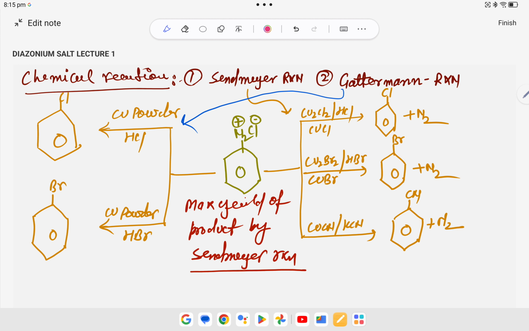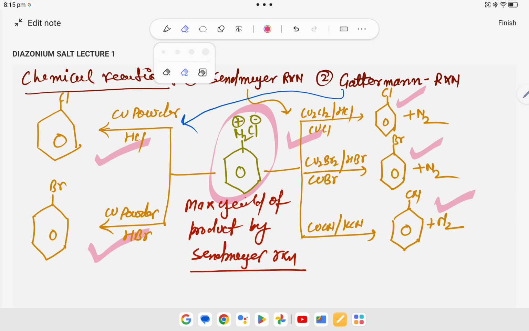Once again, this is your benzene diazonium chloride, Sandmeyer reaction with Cu2Cl2 and HCl gives chlorobenzene, then bromobenzene. Here copper powder with HCl, copper powder with HBr. By this method we are not able to form fluorobenzene and iodobenzene. So how fluorobenzene and iodobenzene will be formed, that we have to check.